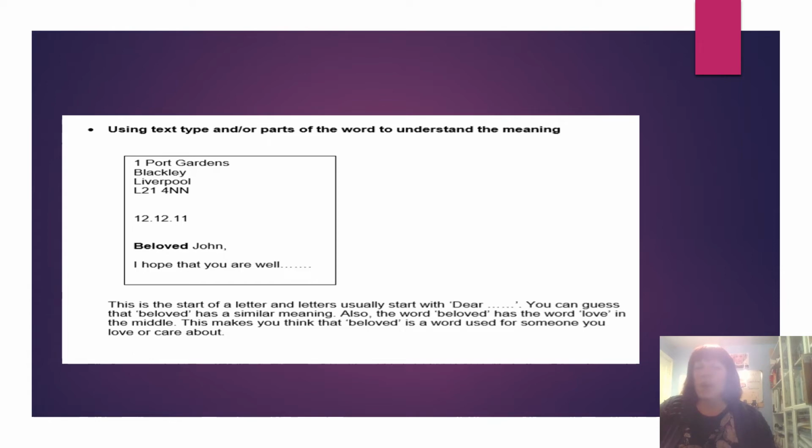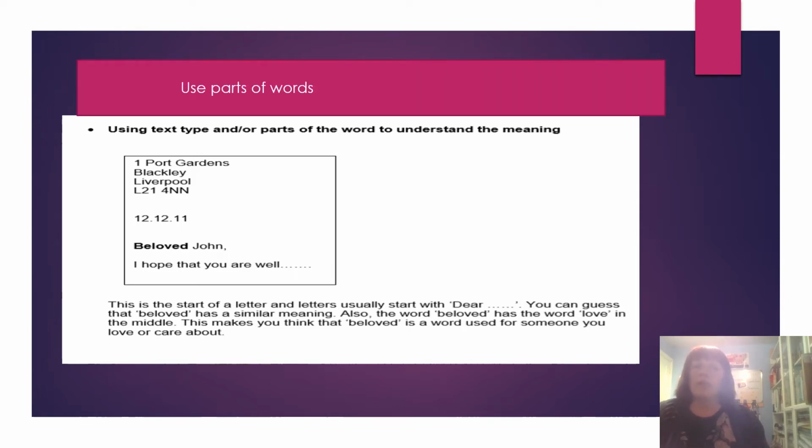So you could try and work out, that must have something to do with being similar to the word dear. And it has the word love in it. So I can kind of guess that it has a similar meaning and that it's talking about the way I feel about somebody. And that's how you work out meaning. So use parts of words to help you understand meaning.